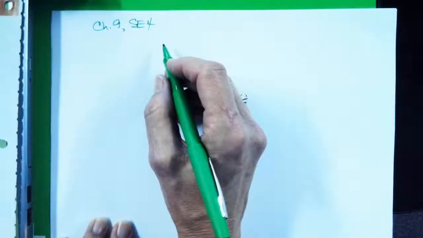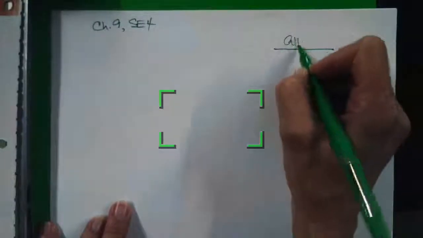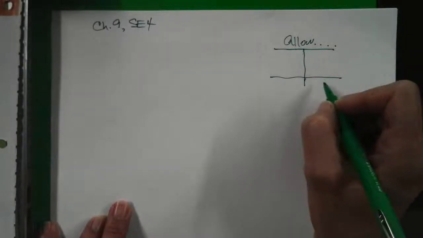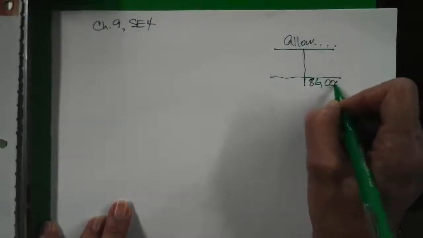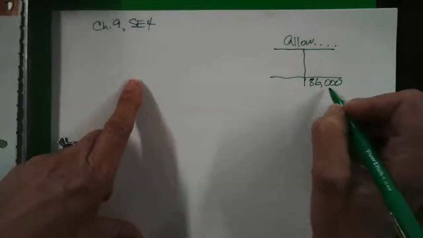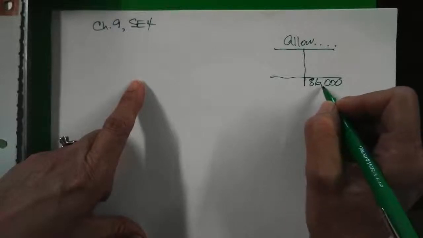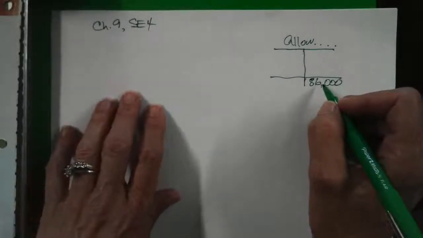Okay, so they looked at their accounts receivable and decided that the allowance account needs to have an ending balance of $86,000. They decided that out of the accounts receivable balance now, we need to reserve for a potential of $86,000 to go bad.